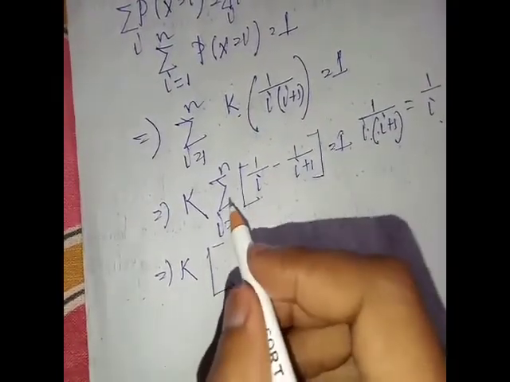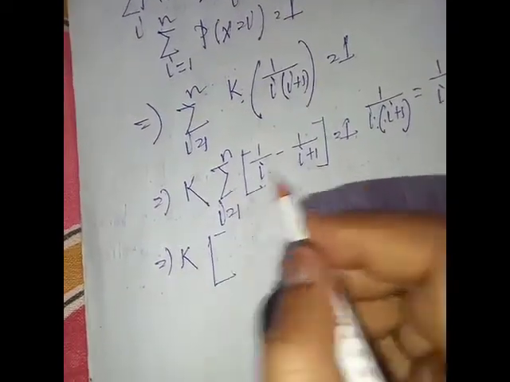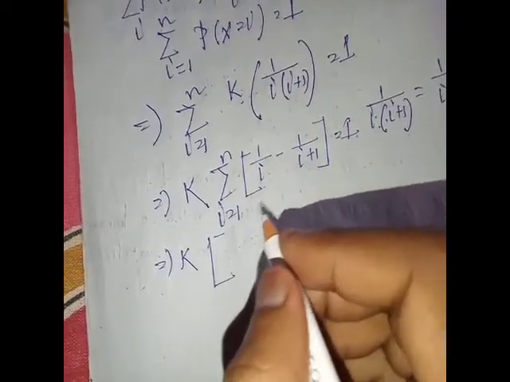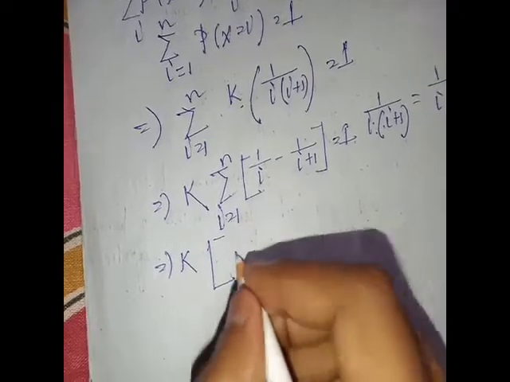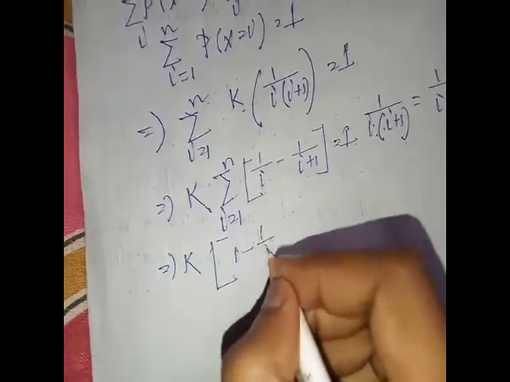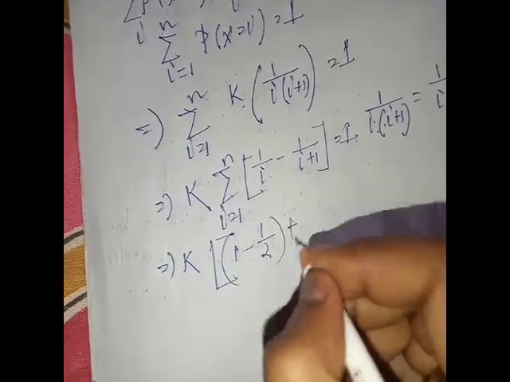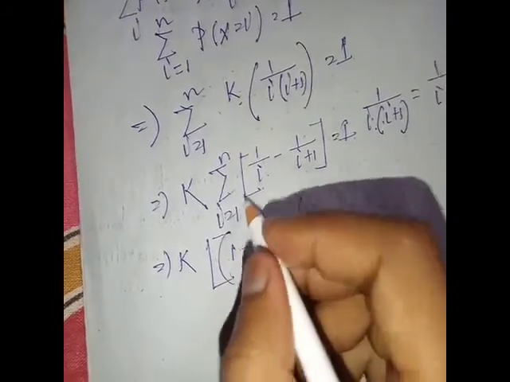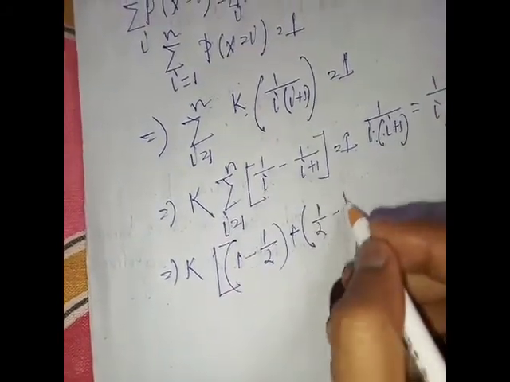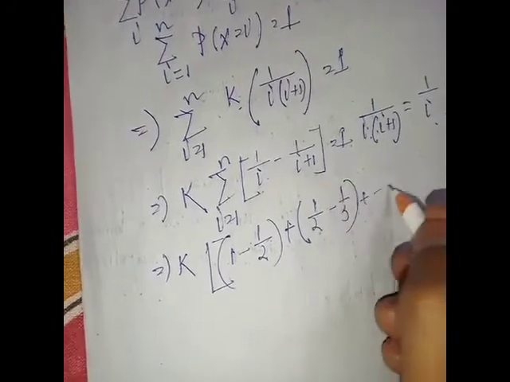We break it up. If we put i equal to 1, we get 1 minus 1 by 2. If we put i equal to 2, we get 1 by 2 minus 1 by 3, plus and so on.